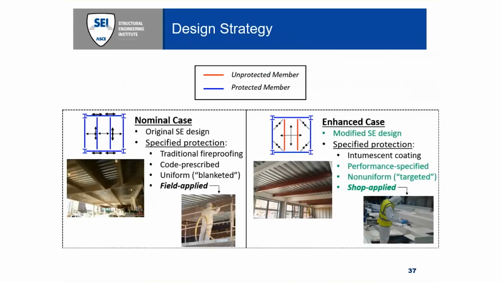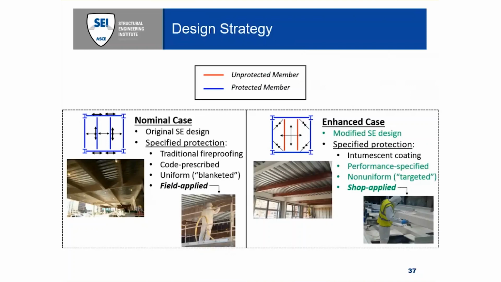So how did we conduct our design? We wanted to look at two things. First, we wanted to look post-mortem at the structure that's actually built. In this case, it's the original structural design for ambient loads only, and the fire protection was blanketed across the entire structure.